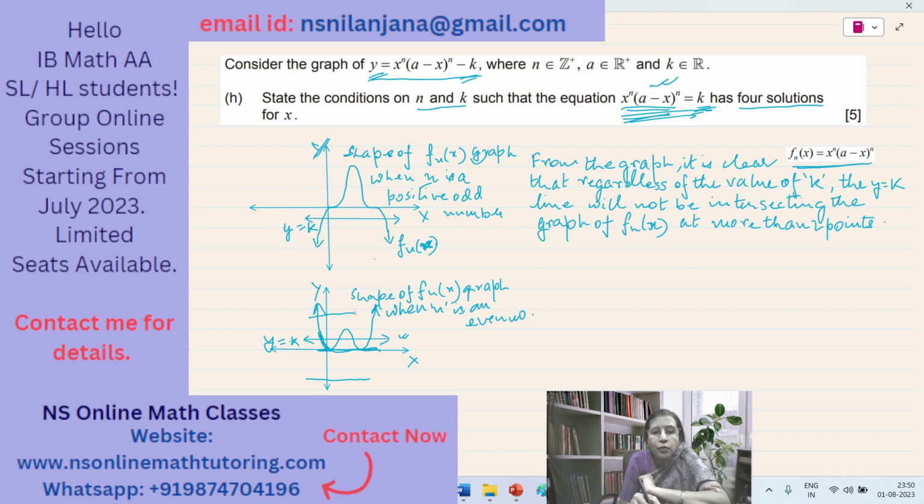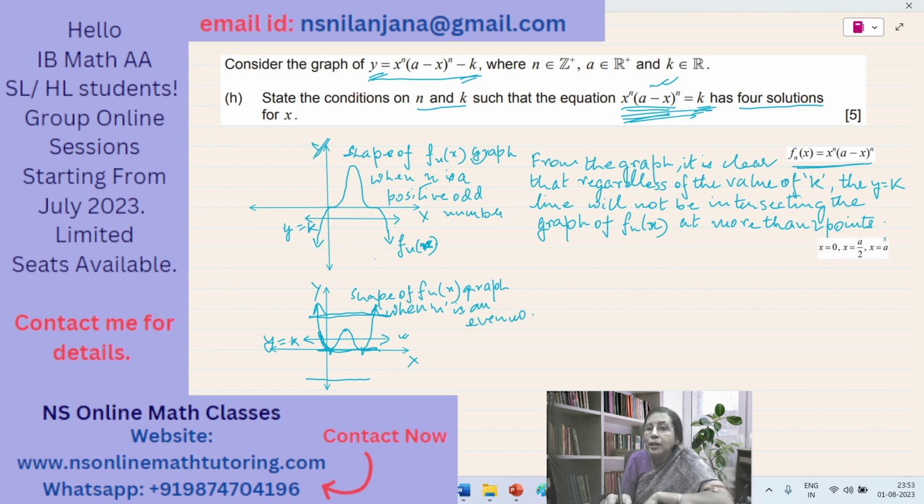If it is drawn over here, it will be having 2 solutions. So when is it having 4 solutions? When the k value is between the minimum and the maximum points. Okay. So only when k value is greater than the minimum point and less than the maximum point, do we have 4 solutions.